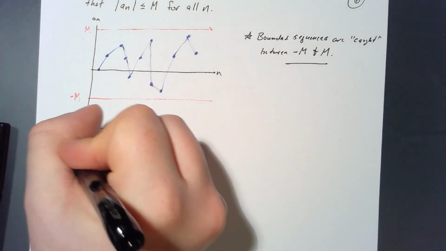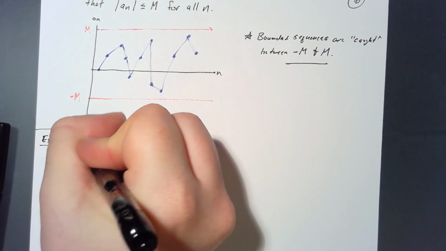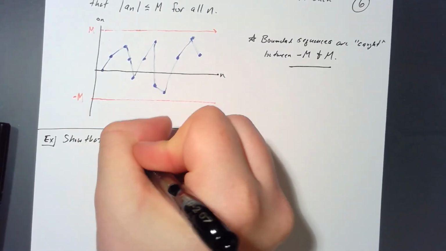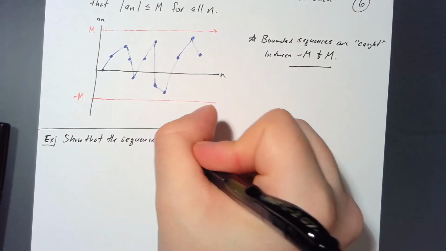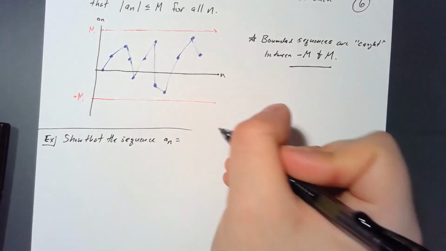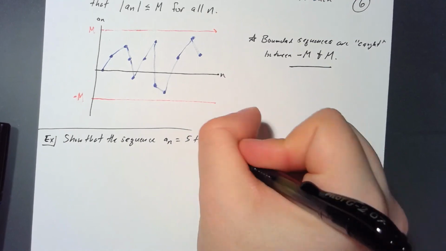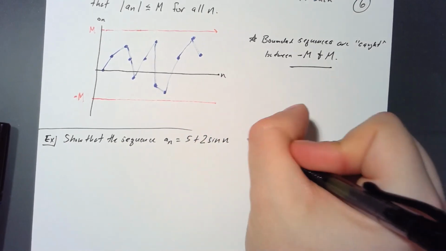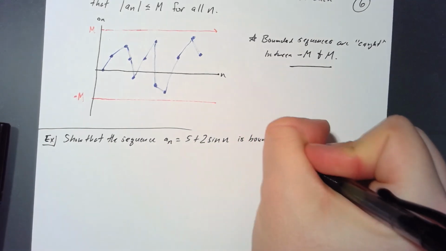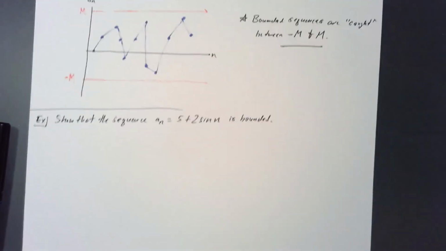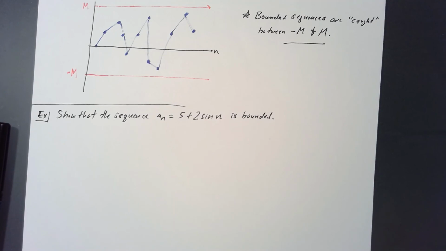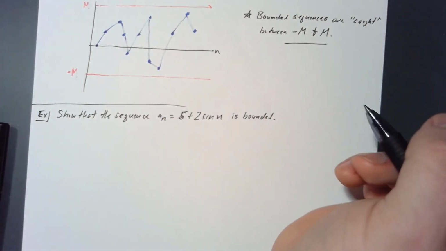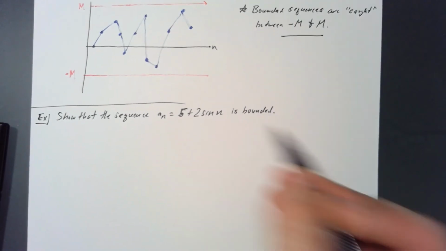Example. Show that the sequence a sub n equals 5 plus 2 sine of n is bounded. Alright, well, this is 5 again. So, what do we know about sine?